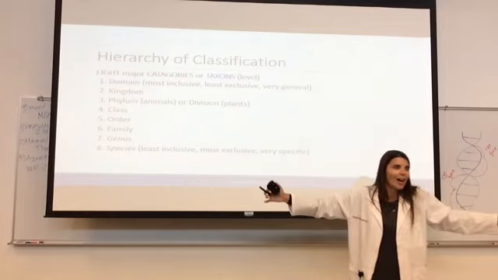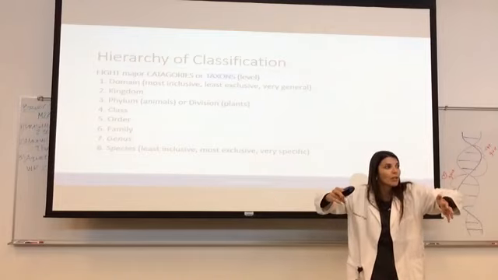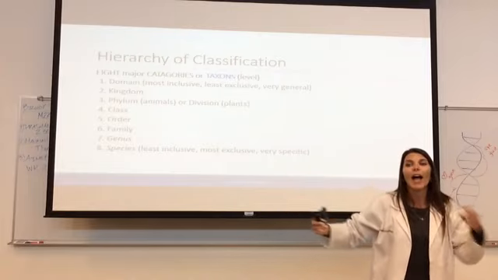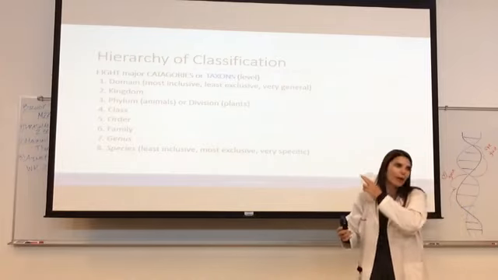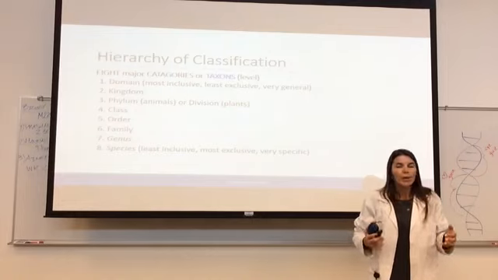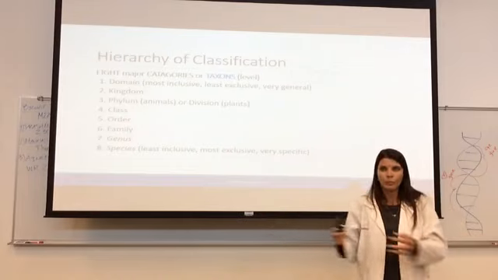It doesn't leave anything out. So if it's inclusive, it includes everything. Exclusive, it leaves it out. And if it's not exclusive, that means it leaves nothing out. I just want you to see how it may be written so that there's no tricking you when you see it on a test. A domain is very general.